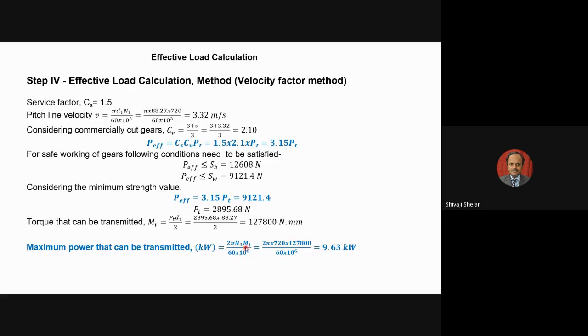By putting these values of MT and speed here, this calculation comes out to be 9.63 kilowatt. Since it is kilowatt directly, this formula gives kilowatt directly, so you will directly get this answer. The maximum power that can be transmitted by this gear pair is 9.63 kilowatt.